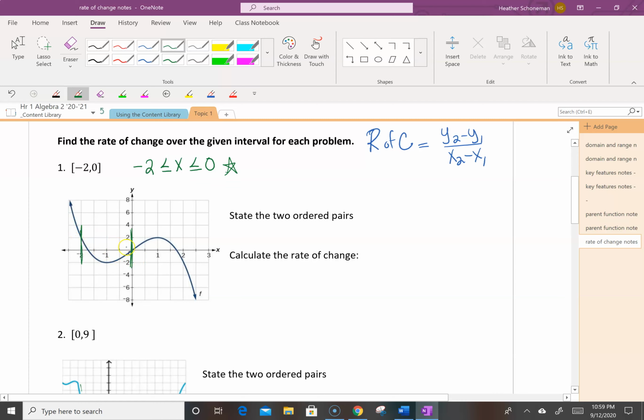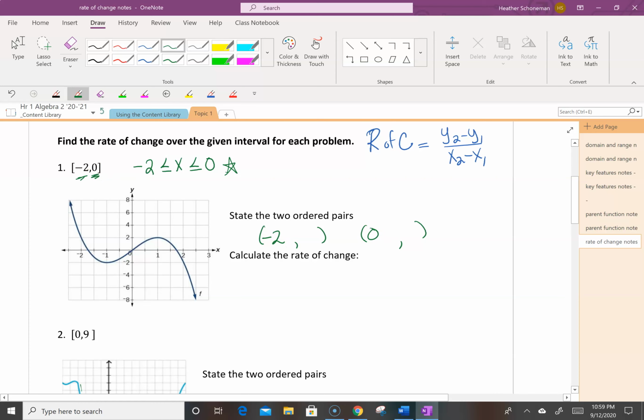So find how this graph is changing over this section. Okay, so the first thing you're going to do is figure out what your 2 ordered pairs are. In the first ordered pair, your x is going to be -2. And in the second ordered pair, your x is going to be 0.